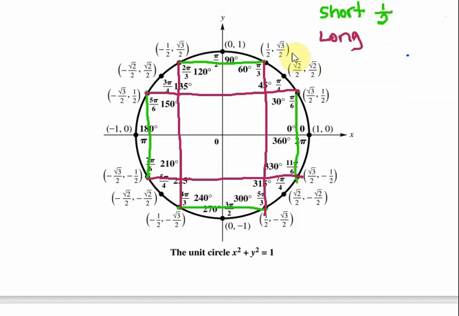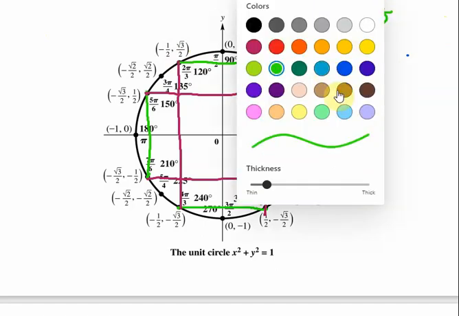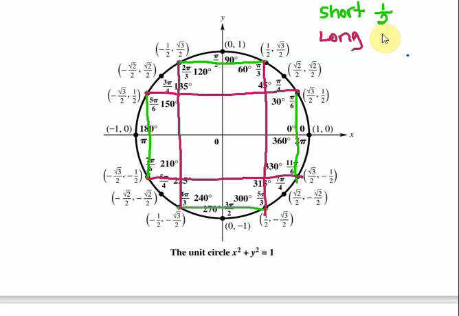Okay, and then for the long guys, those would be the distances that are square root of 3 over 2. So if you'll notice, all of these have those measures. They just change order, and some of them are positive and some of them are negative.